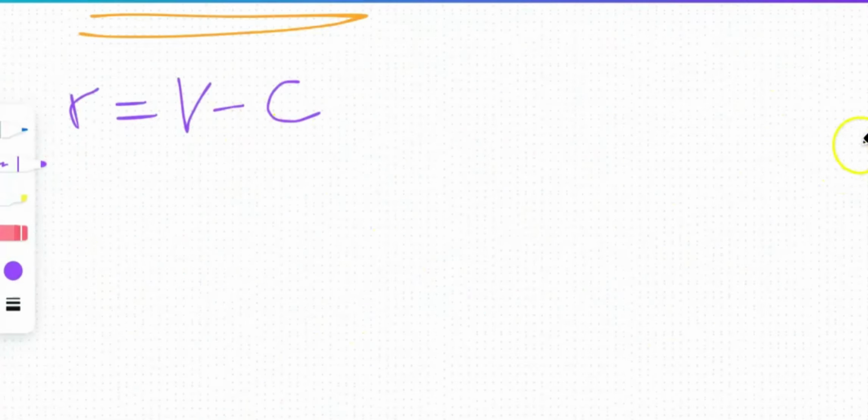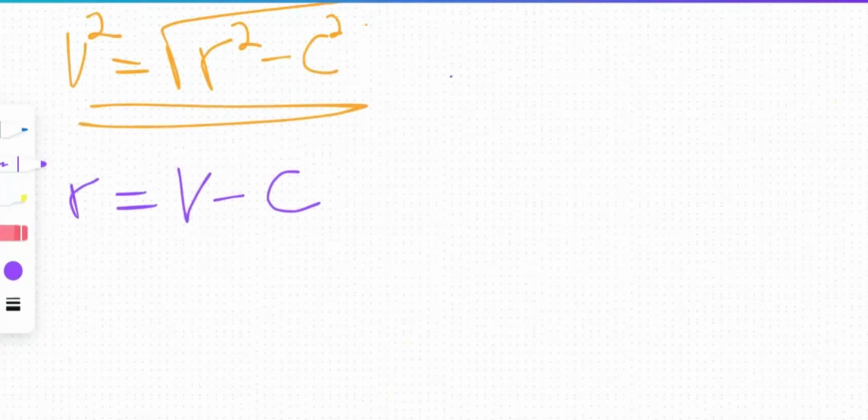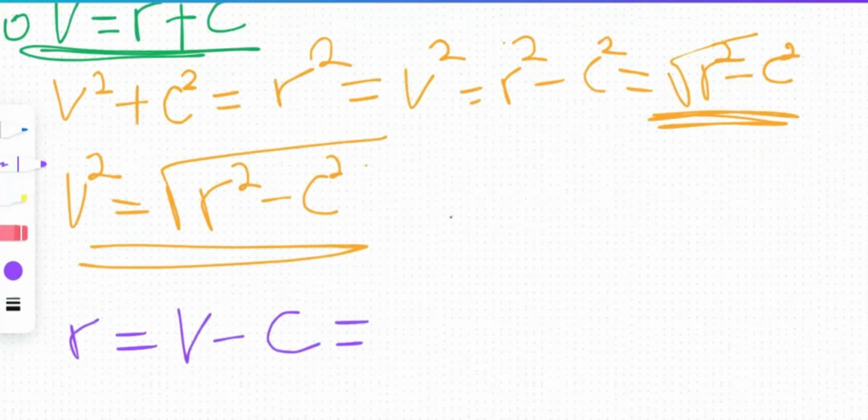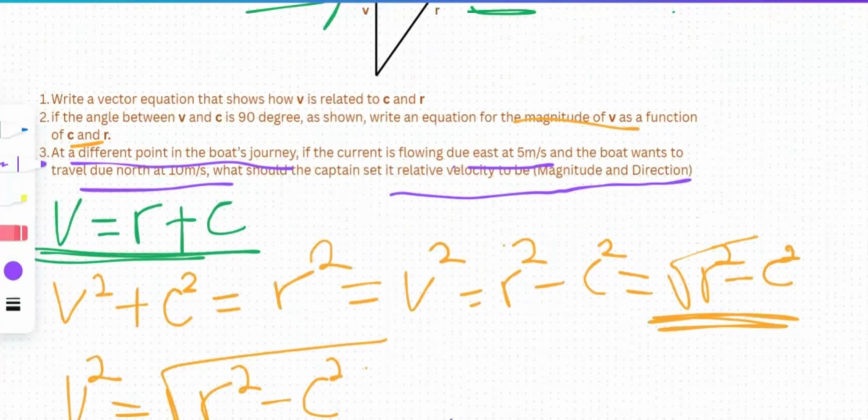Relative velocity is v minus c, okay, which is equal to, we have the v minus c. We have to set it at 5 meters per second and 10 meters per second. So 5 meters per second is i, then 10 meters per second north. That's how it wants to go.